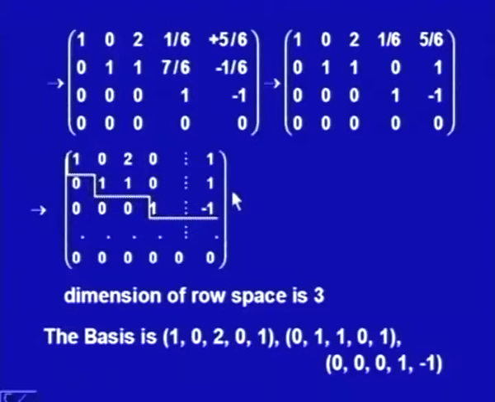Then this vector 0 1 1 0 1 also constitutes part of the basis, and the third vector will be 0 0 0 1 and minus 1. So, the given matrix A generates a row space, and the basis for the row space is determined as these 3 vectors, which are linearly independent and generate the row space.